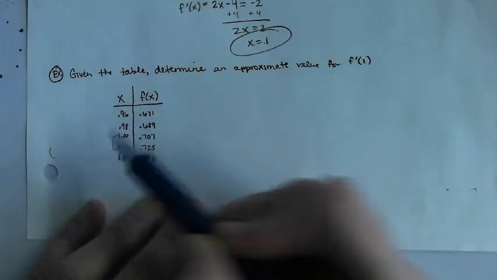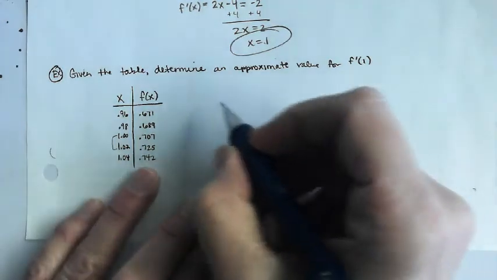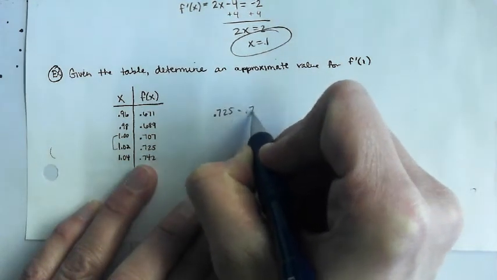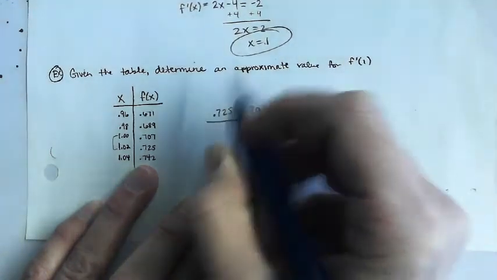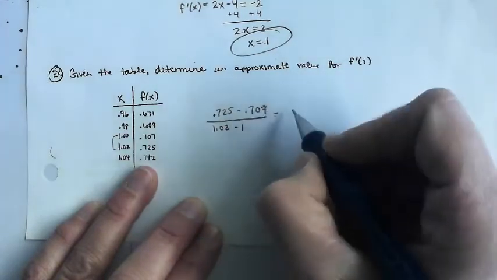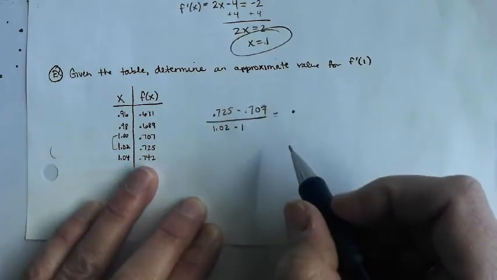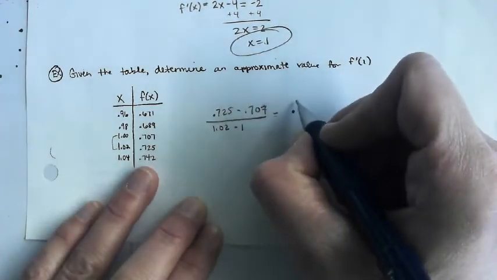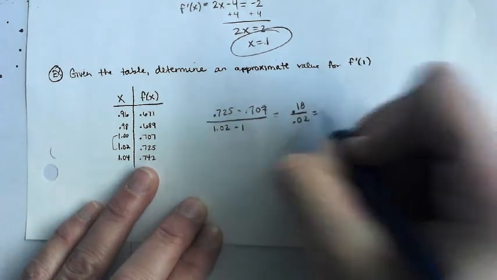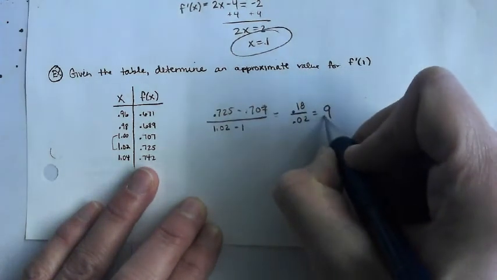So the slope between those 2 points would give you 0.725 minus 0.707 over 1.02 minus 1. So that would be 0.18 over 0.02, which would be 9.9.